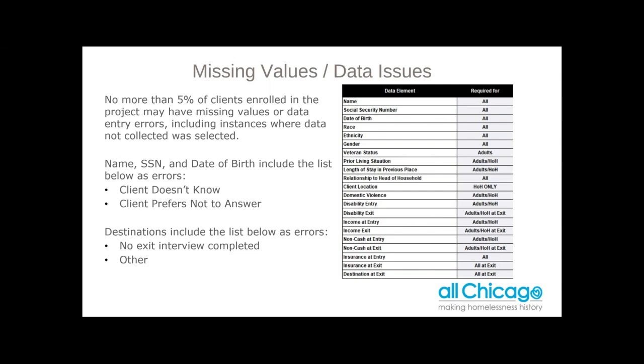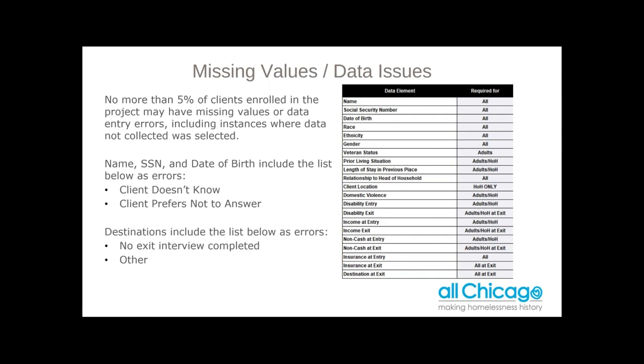All of your clients should fall within the entry pieces of those fields. When it comes to the exit, that's only applicable to clients that have exited the project. So if your clients have not exited, they're not going to have a disability at exit, income at exit, or non-cash benefit at exit value in their assessment. Those clients are not going to get pulled in. It's only going to look at clients that have exited the project.